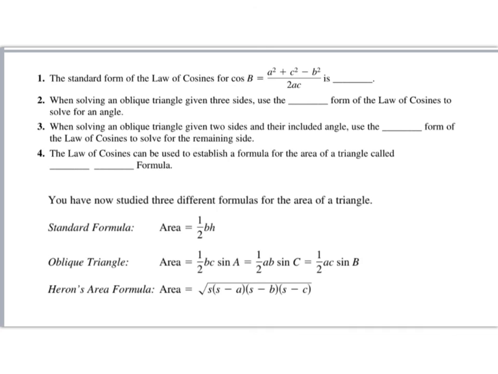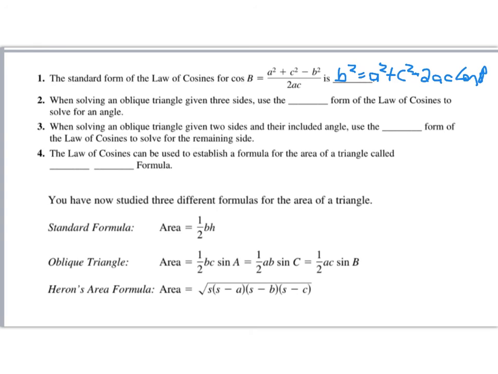What they're saying here is, what if you had solved for b squared, because we're looking at cosine b. That would be b squared is equal to a squared plus c squared minus 2ac cosine of b.